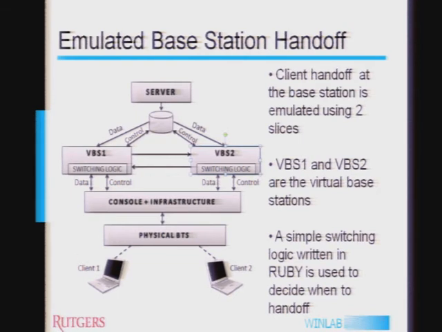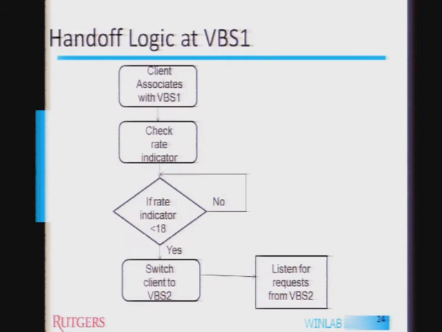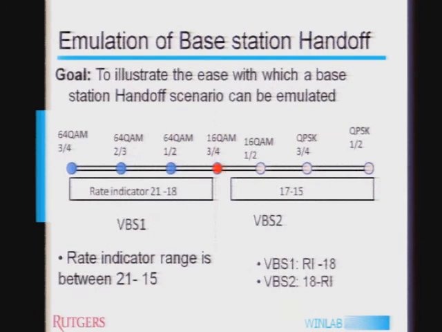Go back to that picture of the code logic. That's a piece of code that runs at base station 1, slice 1, and there's a symmetric piece of code, with all the ones and twos exchanged, that runs at slice 2. The logic for that is explained here.